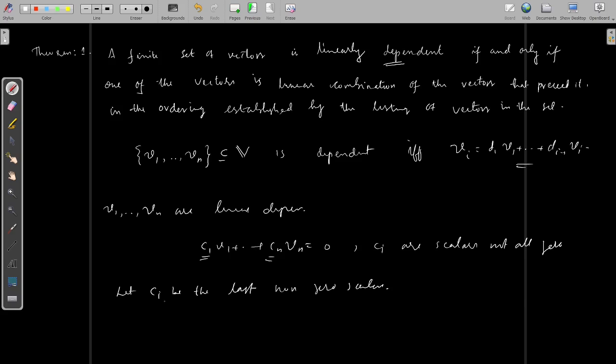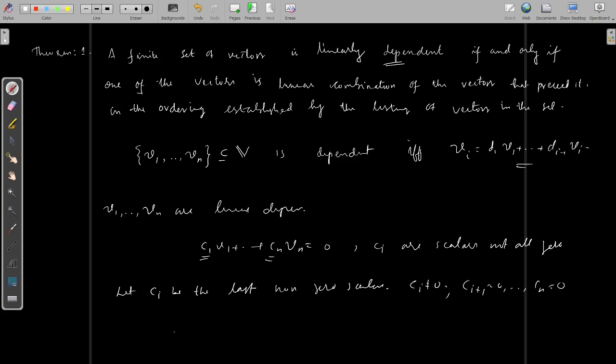If that is non-zero, then ci is c(n-1). If c(n-1) and cn are both 0, then take c(n-2), the previous one, and name it ci. That is, ci is the last non-zero coefficient. That means ci is non-zero, but c(i+1) equals 0, and all the remaining coefficients are 0. So this is the selection of ci. The ci can be cn; at that time there will not be a c(i+1), etc.